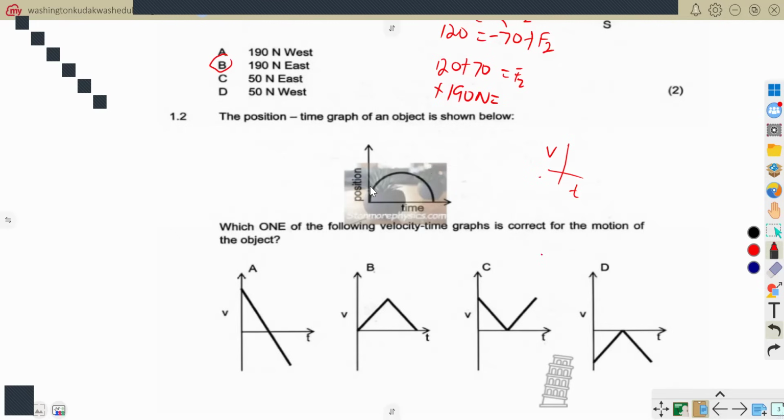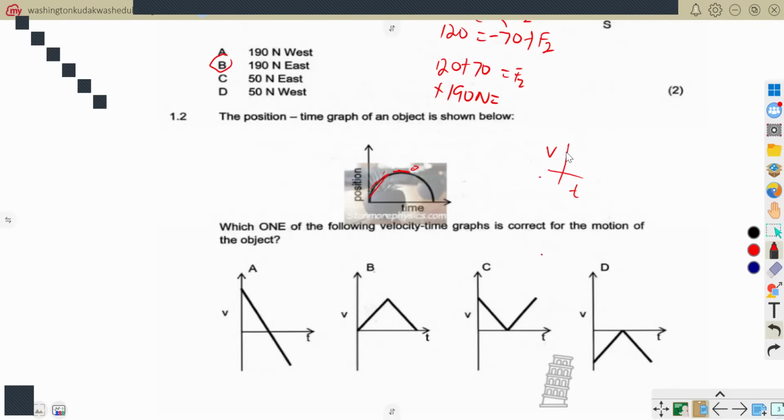If I follow through this graph, you can see that it's a smooth, uniform curve. At some point in time, you can see that the gradient is changing uniformly. The gradient starts at a higher positive and then decreases as you go up until it's 0 here, and then it starts decreasing from a lesser negative to a higher negative.